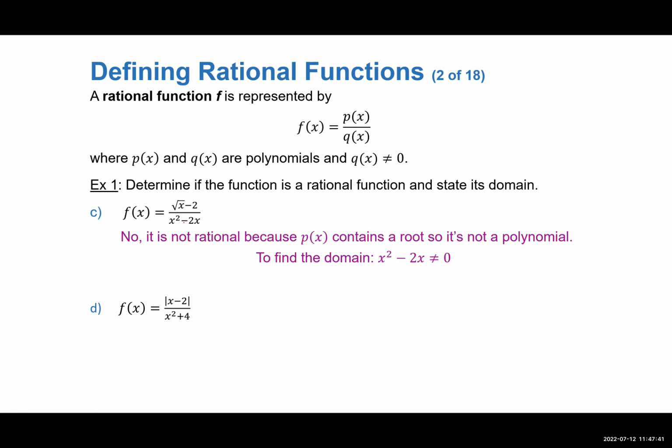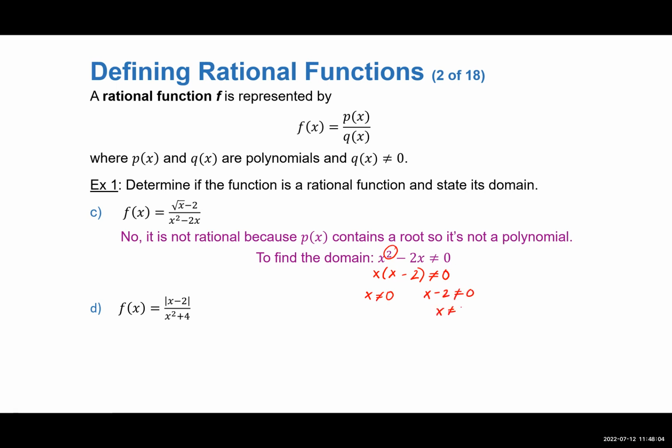If you were to find the domain, then you would say take the denominator and set it equal to 0. Well, this is a quadratic, so we know that there's going to be 2 numbers that make this equal to 0. So the first thing is we can factor out an x from the first one and factor an x from the second one and say that x cannot equal 0 and x minus 2 cannot equal 0.